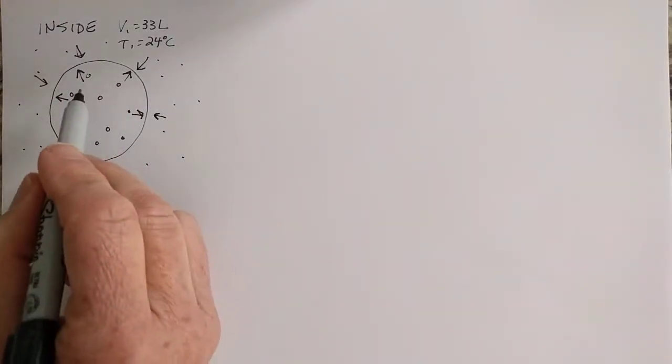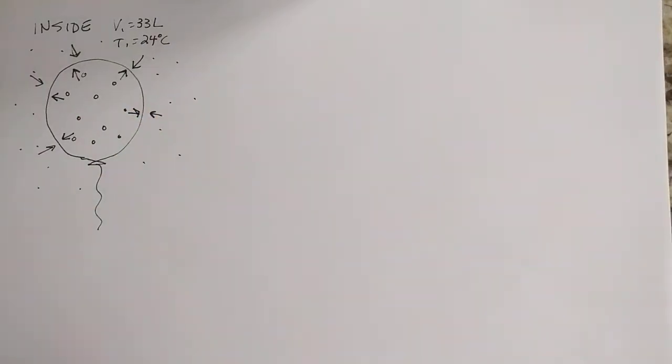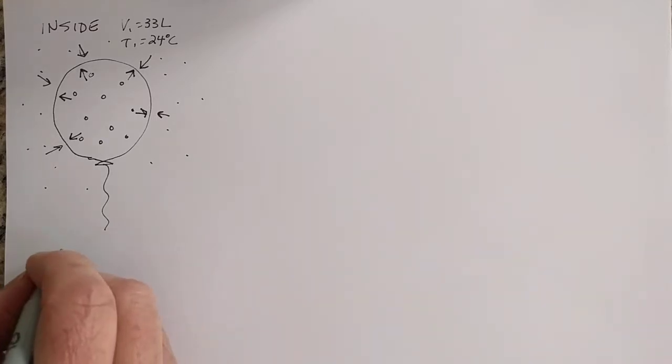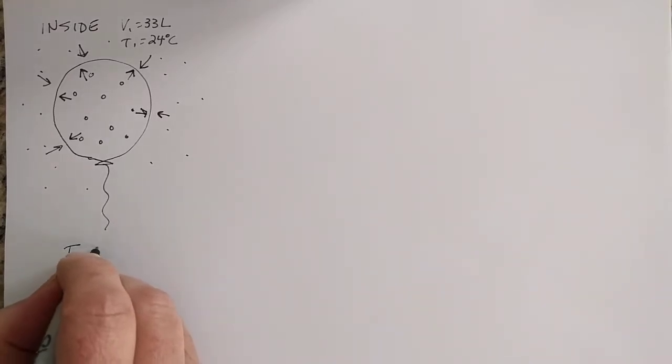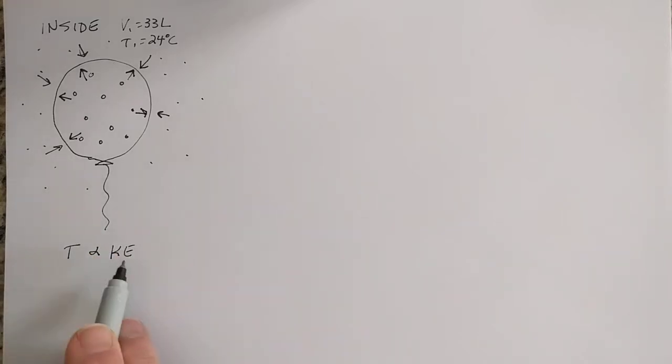We are at a temperature, and we've learned that temperature is a measure of kinetic energy. So temperature is proportional to kinetic energy. This is a direct relationship: as temperature goes up, kinetic energy goes up. Why is that important?